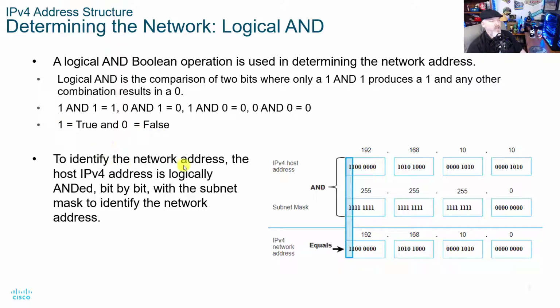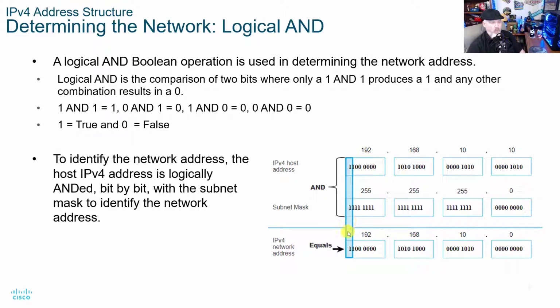So to identify the network address, the host IPv4 address is logically ANDed bit by bit with the subnet mask. When we look at our IP address here of 192.168.10.10 and our subnet mask of 255.255.255.0, we know that these are all ones. We AND these together bit by bit.